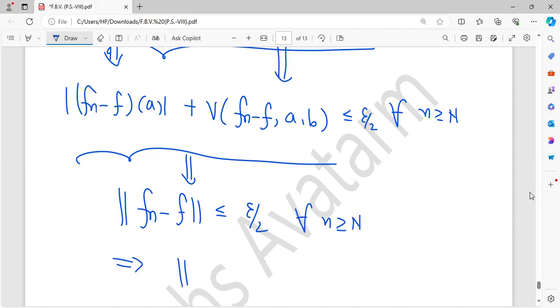So this implies the norm of Fn minus f is less than epsilon. Okay. So what does it mean?